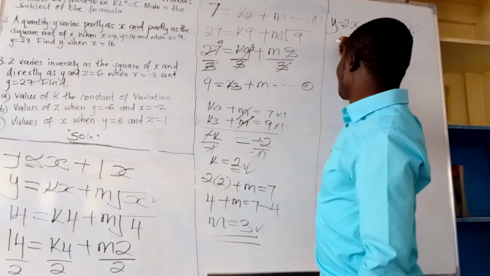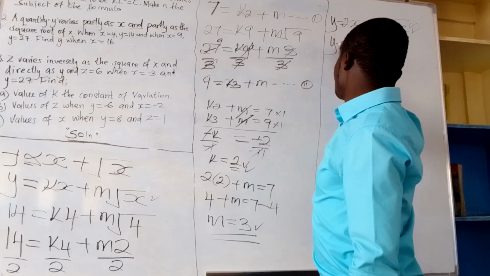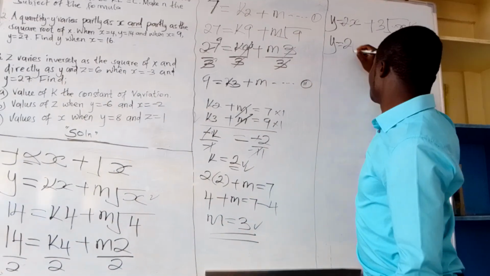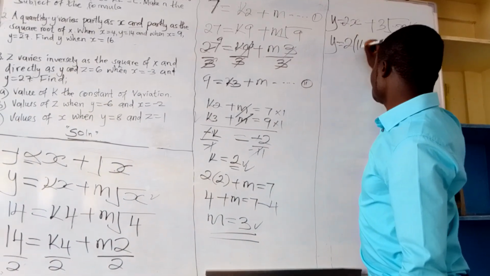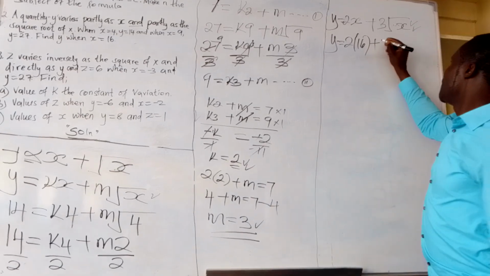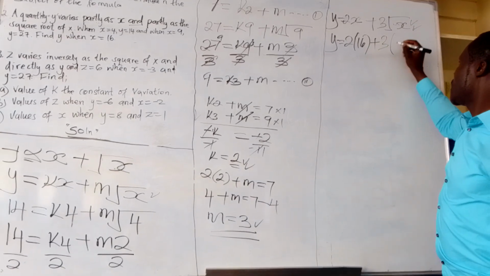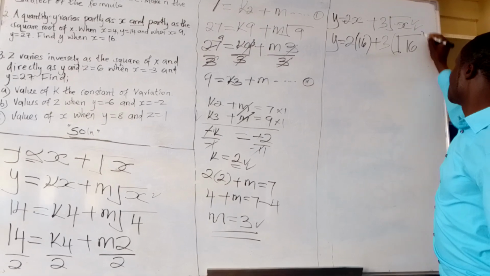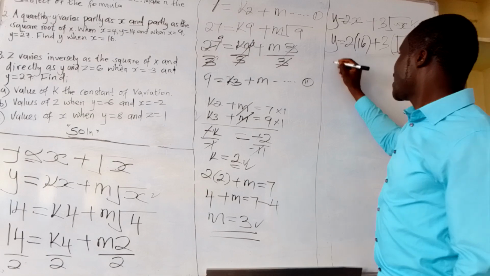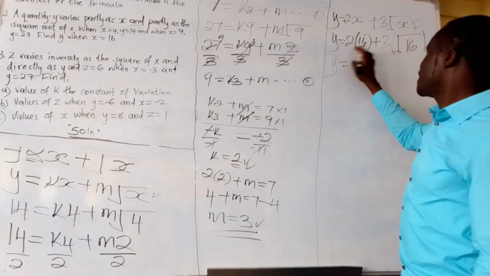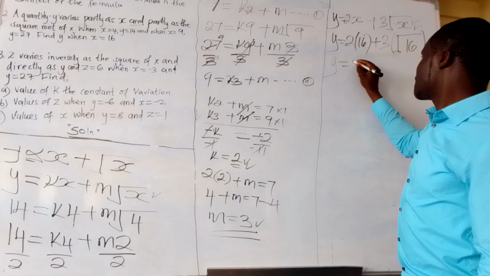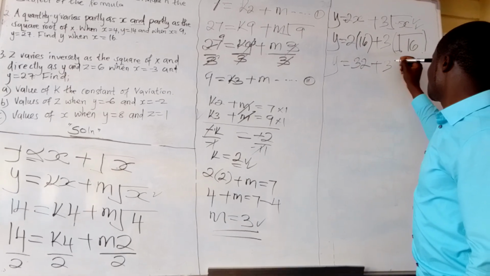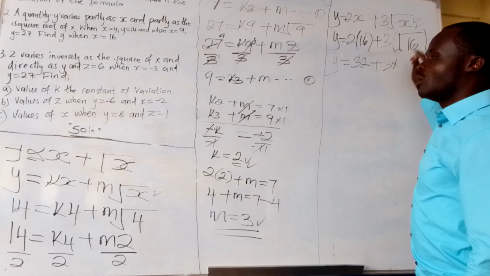You just come and substitute them. y is equal to 2 into x, that has been given to be 16, plus 3 into the square root of 16. That is, y is equal to 2 times 16 is 32, plus 3 times the square root of 16, which is 4.